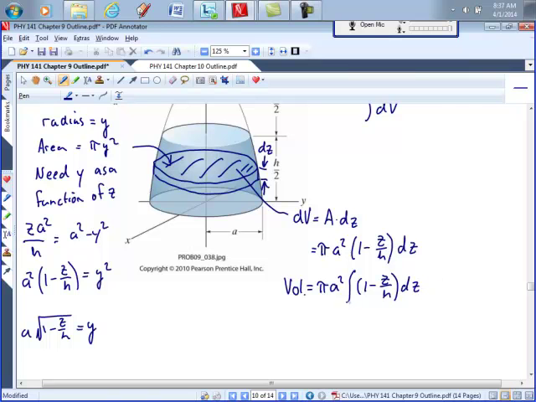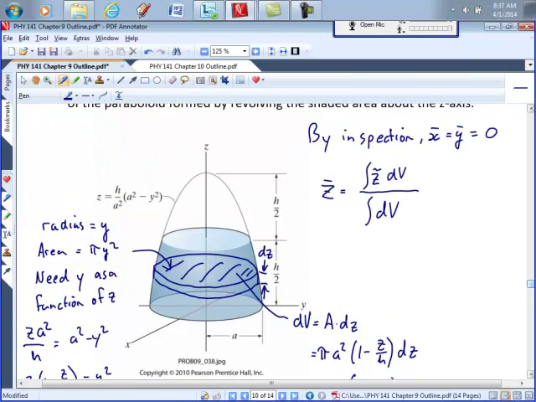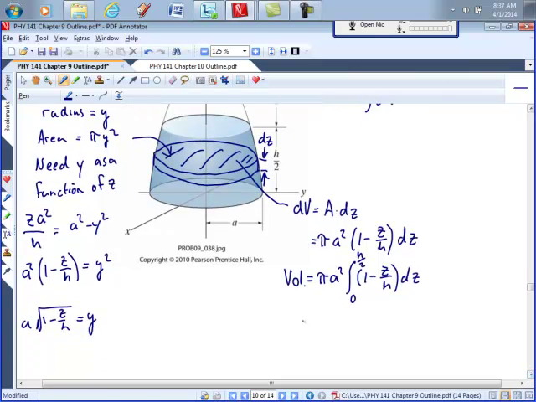Okay, and what are our limits of integration? All right, since we're only looking for the frustum, that's h over 2. I'm going to go from 0 to h over 2. Compared to the integrals we were looking at for the line segment last week, this is an easy integral.